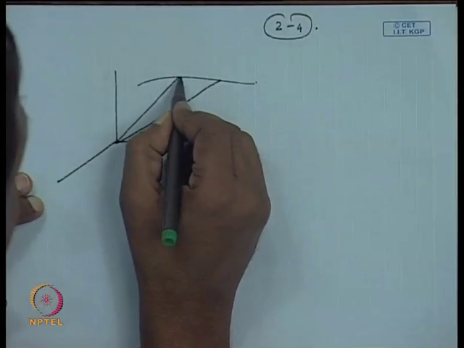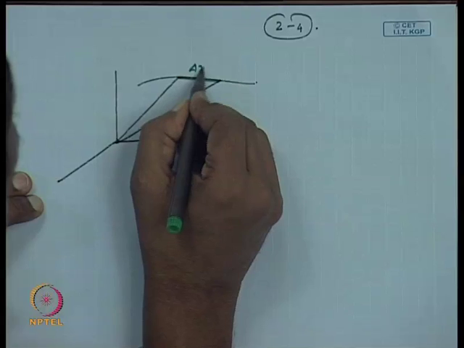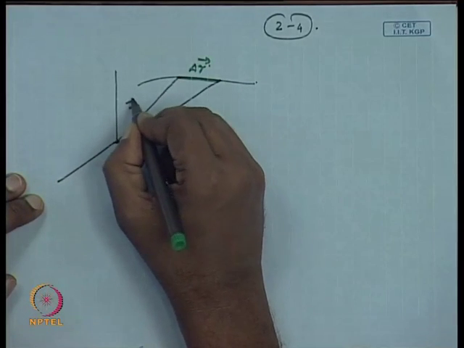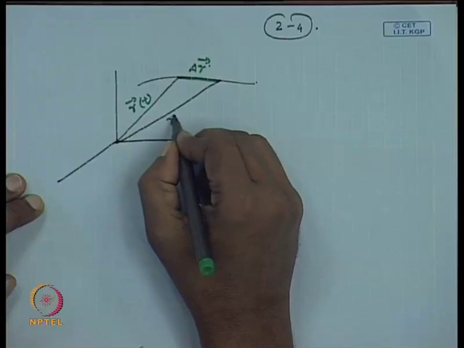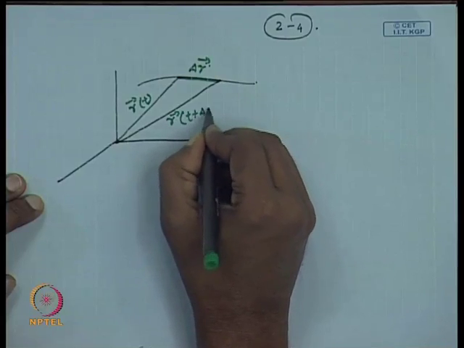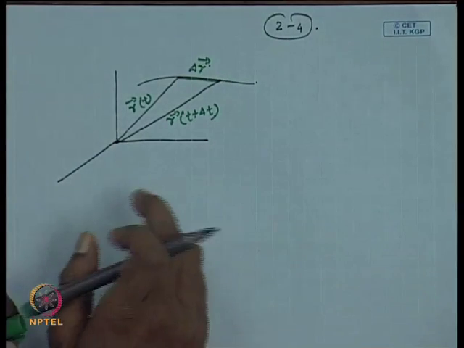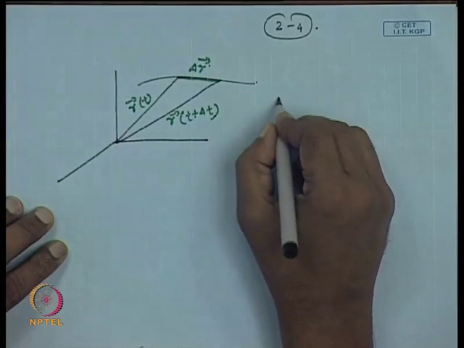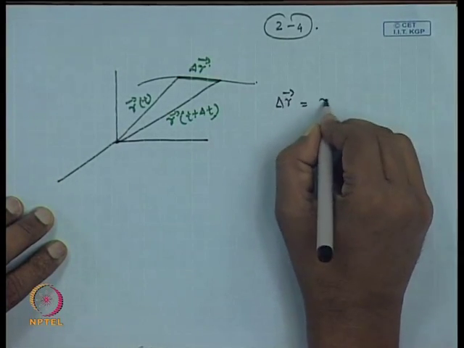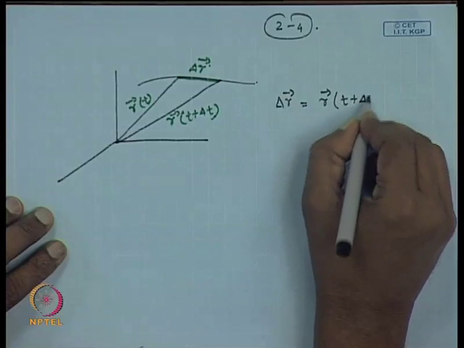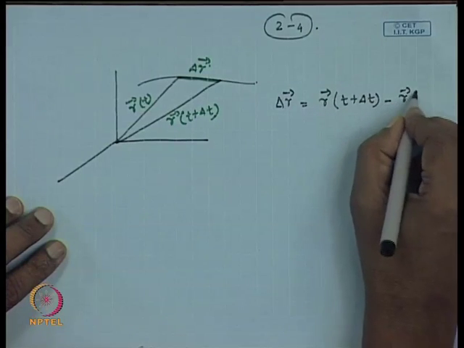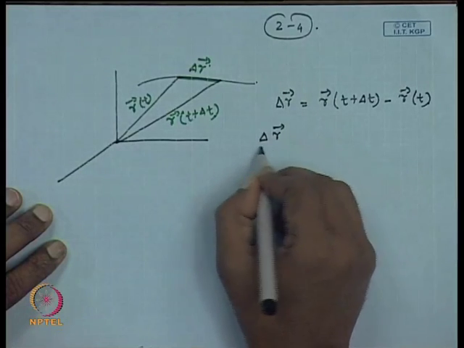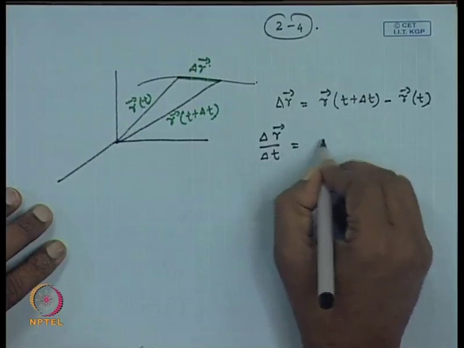So, this is your delta r, and here we have r of t, and this becomes r of t plus delta t. So, delta r we can write as r of t plus delta t minus r of t, and therefore delta r by delta t.